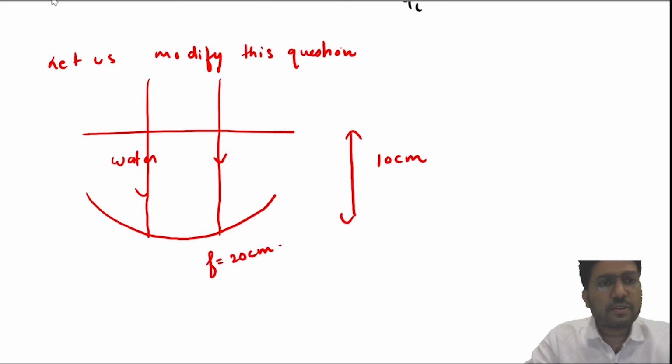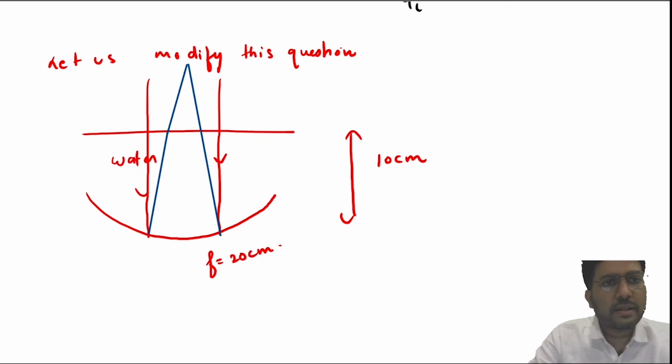This time if I draw the ray diagram, the image will be formed at focus, right? So the image is formed at focus. That means the image will be formed at this point from the mirror, and I will draw this with a dotted line.